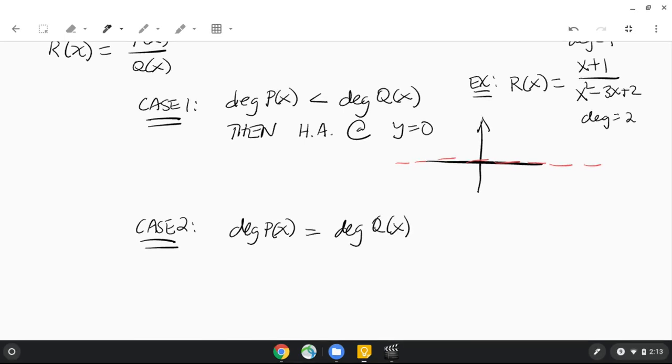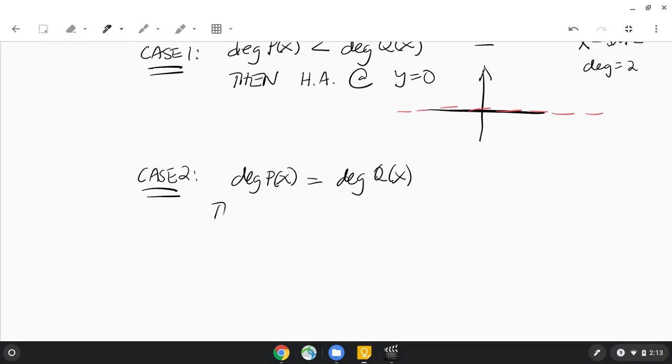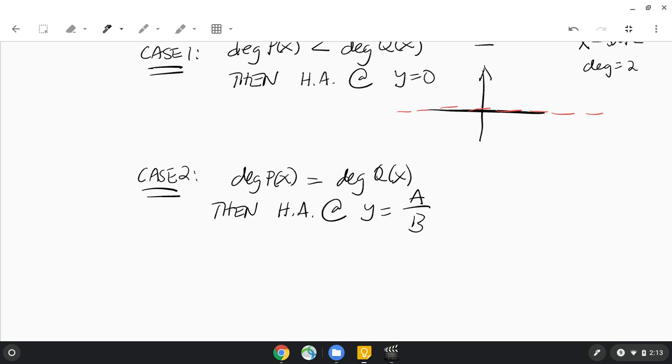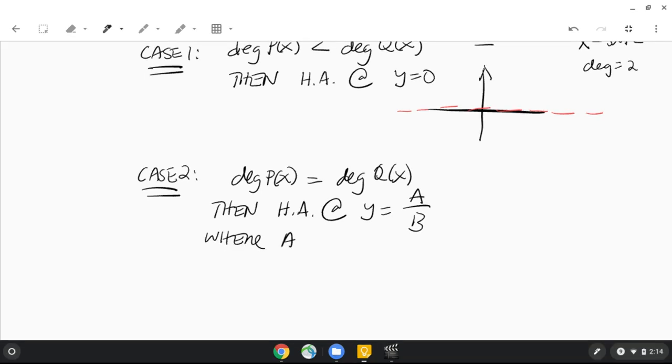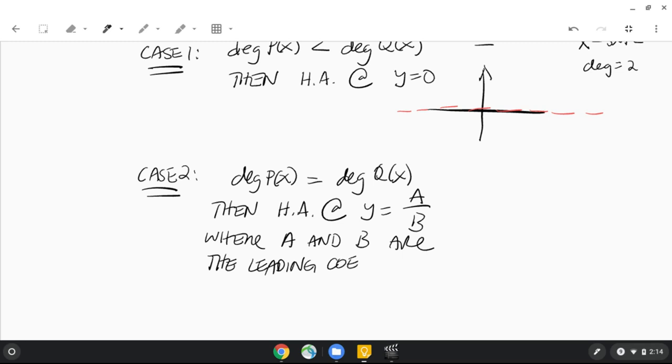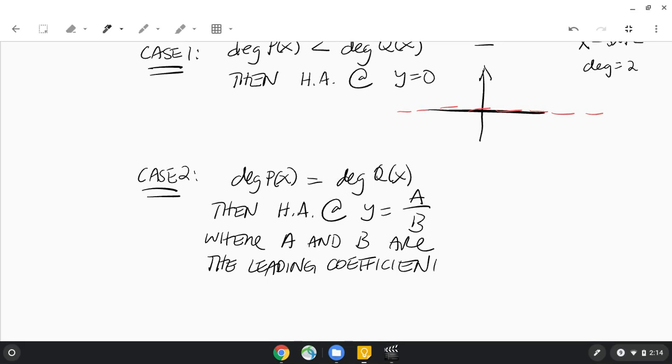So if they're both degree 2s, then you have a horizontal asymptote at y equals a over b, and I'll explain what a and b are, where a and b are the leading coefficients.